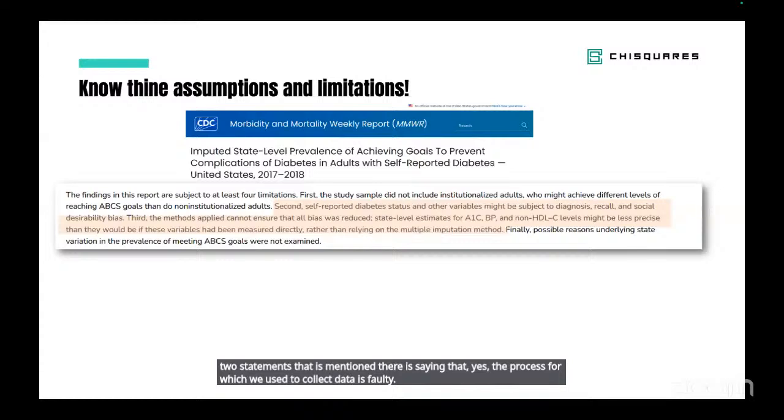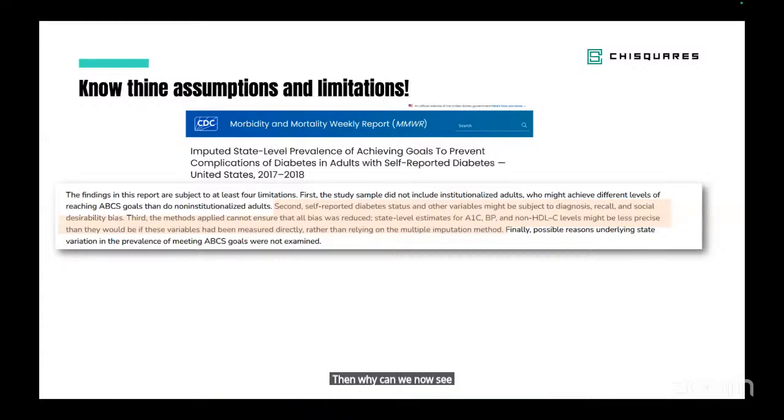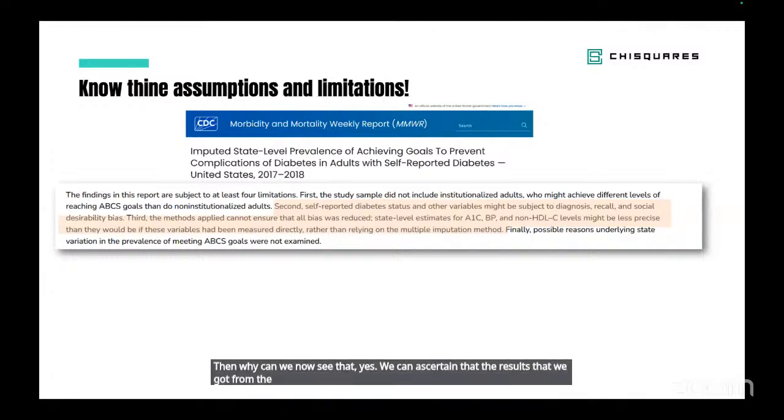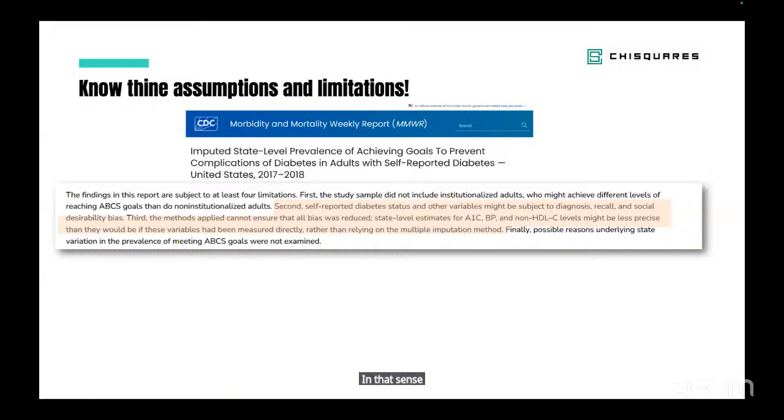Then why can we now say that we can ascertain that the result we got from the data is complete, is okay? So it's contradictory in that sense. The process does not guarantee the result. So why then can you vouch for the results you've gotten from such a method? I think that's the basic thing there.